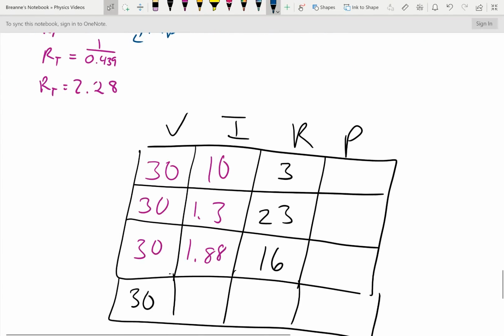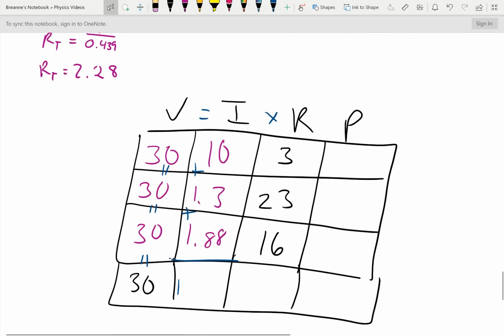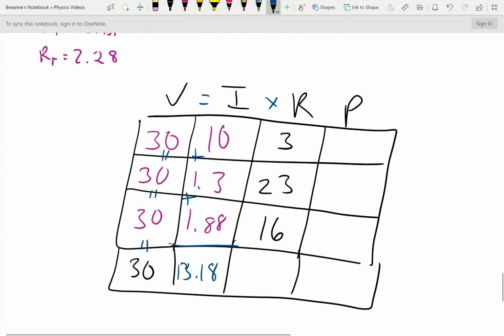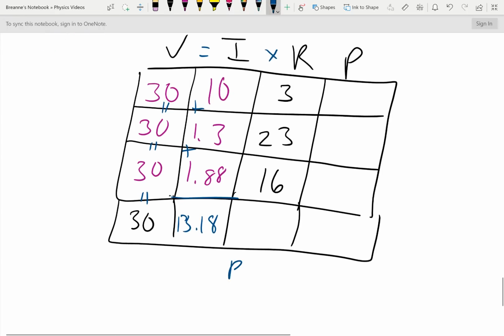And since they add up here, because those are equal, and we just did this. So since these are supposed to add up, you can just do 10 plus 1.3 plus 1.88 and get you the 13.18. And then to solve for resistance, it's just V divided by R. So you would just do 30 divided by 13.18, and you would get a 2.28.